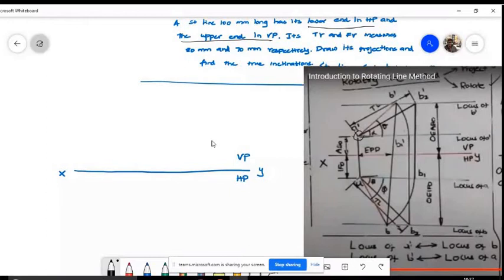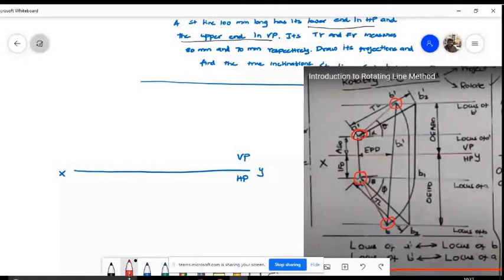For example, let me draw with red color. This is the end in the front view, this is the end in the top view. So the ends will be in a straight line. That should not be violated. The end projectors of the front view and top view should be in a straight line. Many of you tried that, but you violated this.